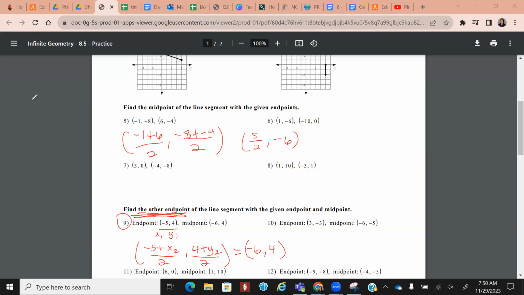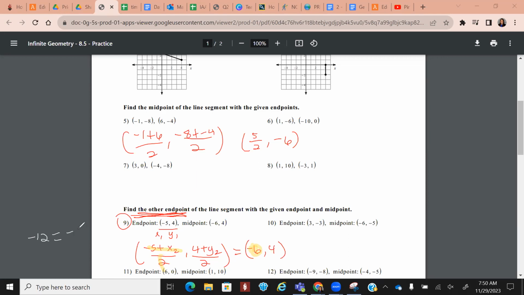Okay, so just looking at our x values, we're looking at this and this. What we're going to do is take the bottom, multiply -6, so -6 times 2 is -12.